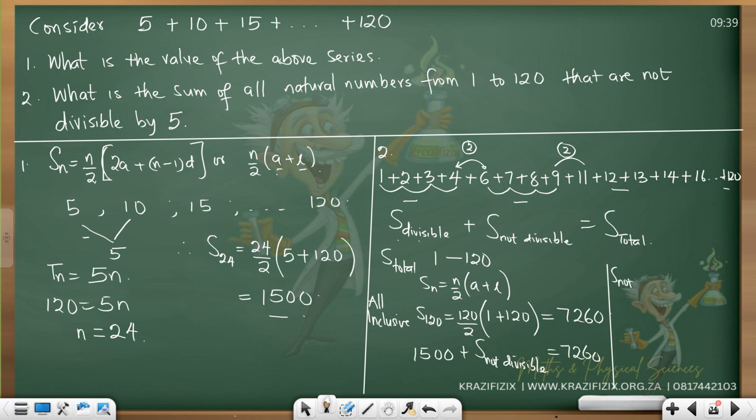The sum of not divisible will be 7,260 minus 1,500. 12 minus 5 will be what? 7. So this should be 5,760. Am I correct there?